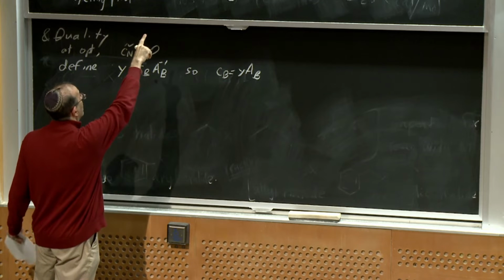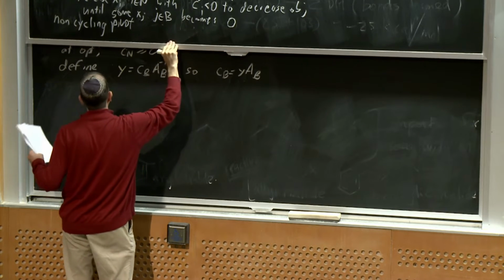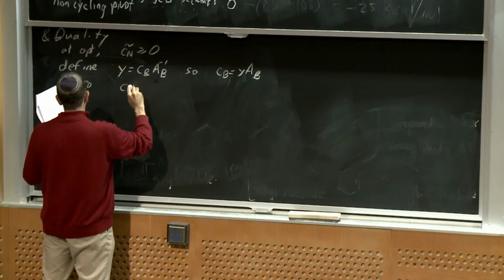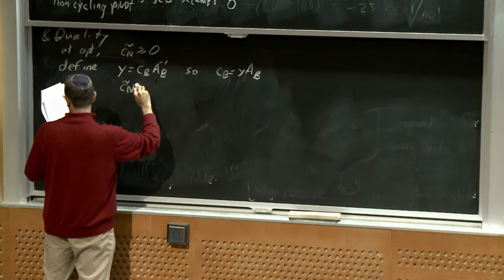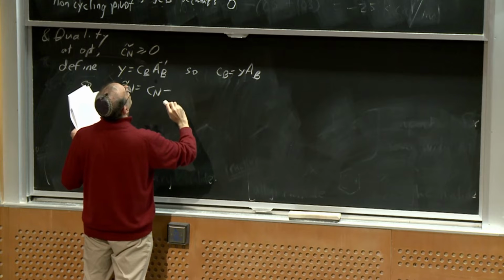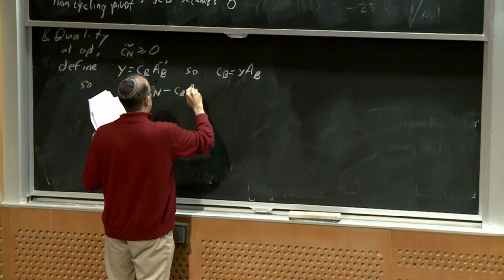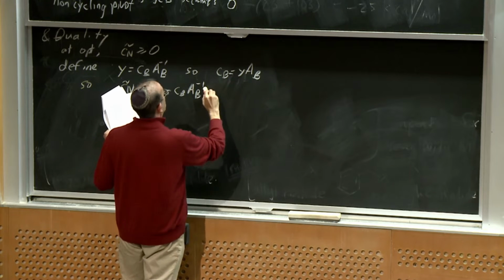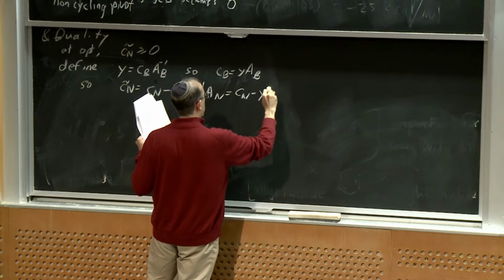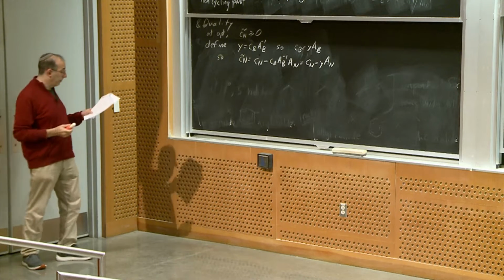That means, by the definition of the reduced costs, that Cn tilde is equal to Cn minus CB AB inverse An, which is just equal to Cn minus yAn by the definition of y.